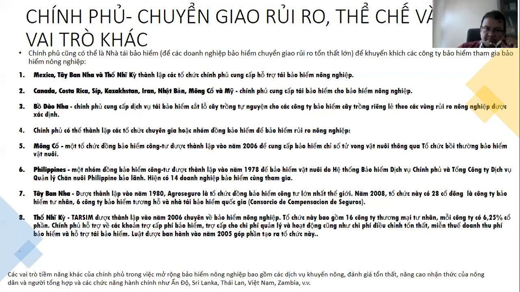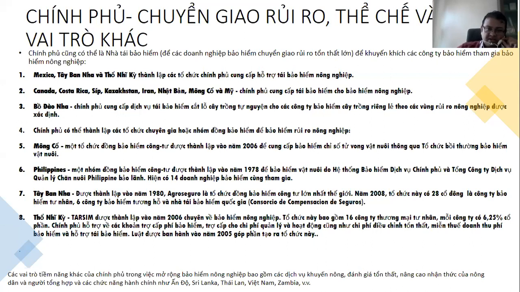Yeah, so this has happened in countries like Mongolia, where there's a public-private co-insurance pool established in 2006, so about 15 years ago now, for offering livestock index mortality insurance through the livestock insurance indemnity pool.